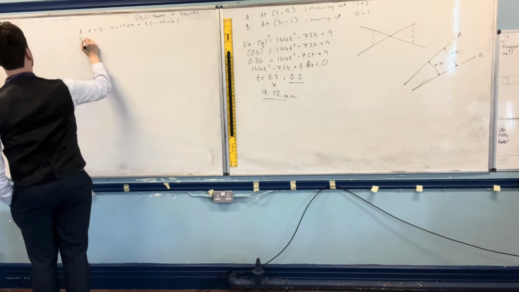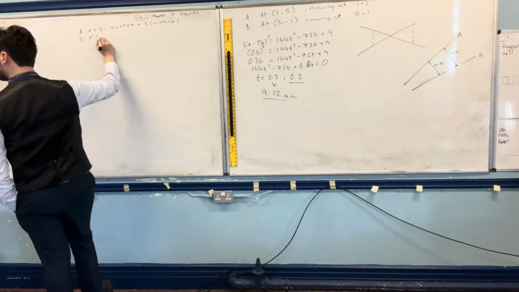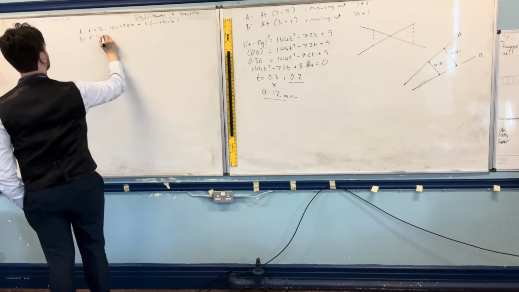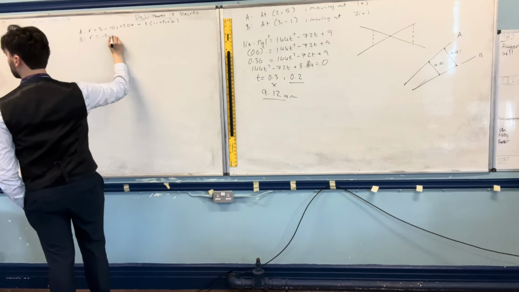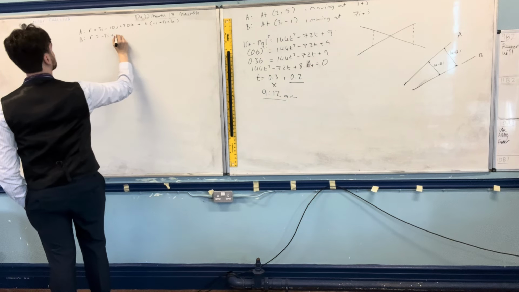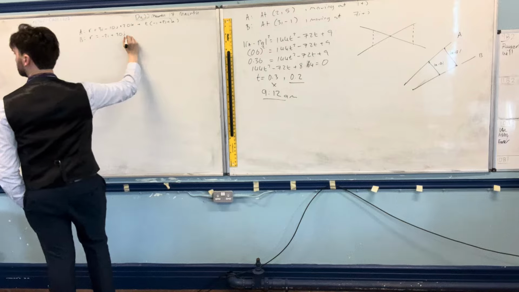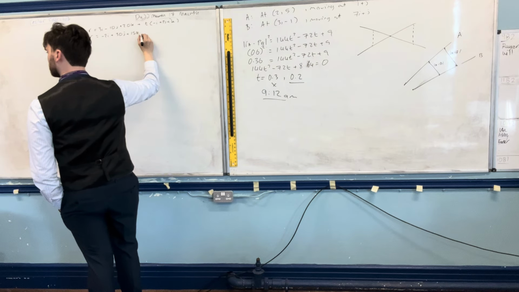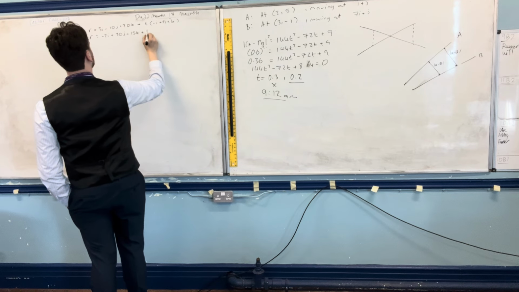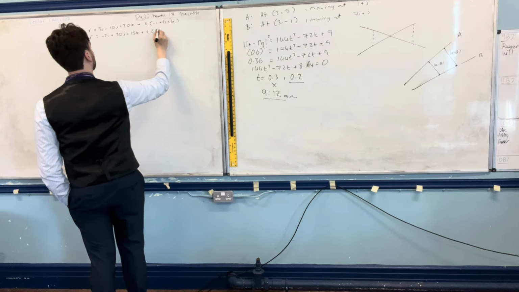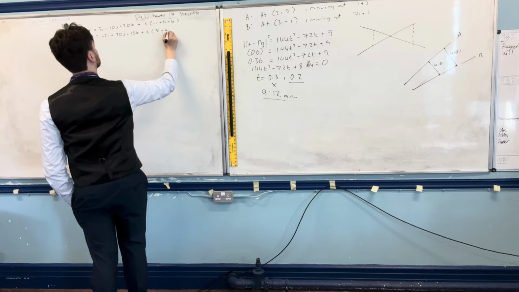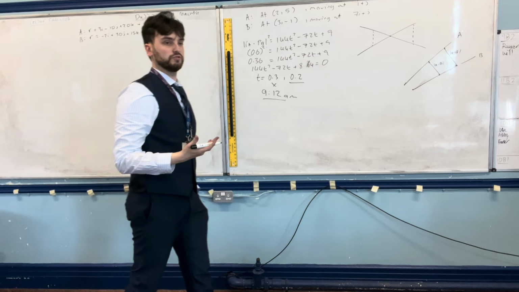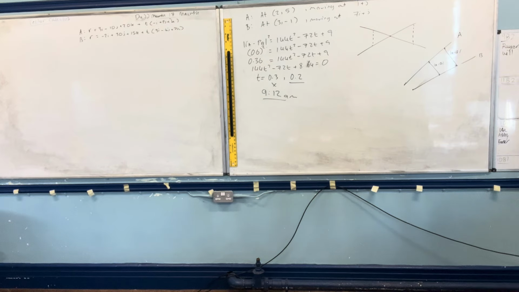And then B, r is given by minus 2i plus 30j plus 15k, and it's flying with a constant velocity of 3i minus 4j plus 2k. And yeah, are we happy with those raw vectors? Easy enough.